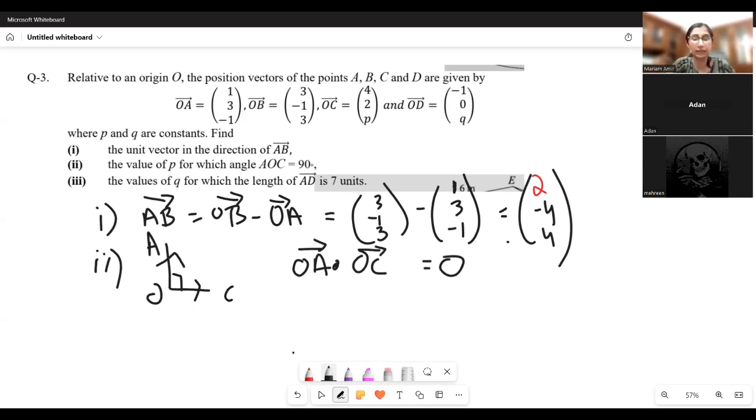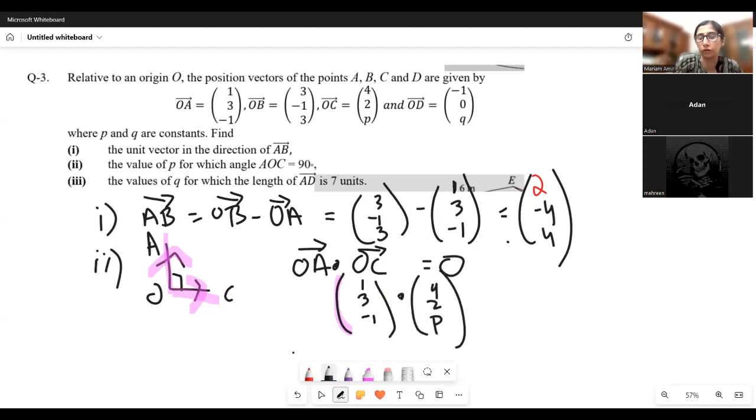Whenever the angle is 90, the dot product is 0. And remember, you have to write the dot product in outwards manner, O to A and then O to C. Okay, so OA is 1, 3, minus 1. OC is 4, 2, P.